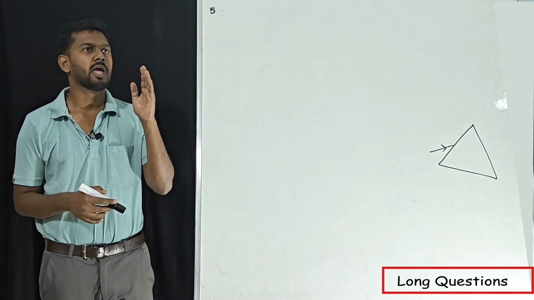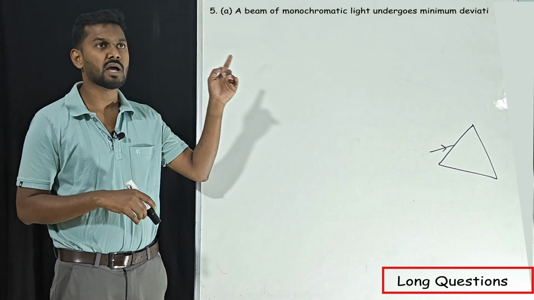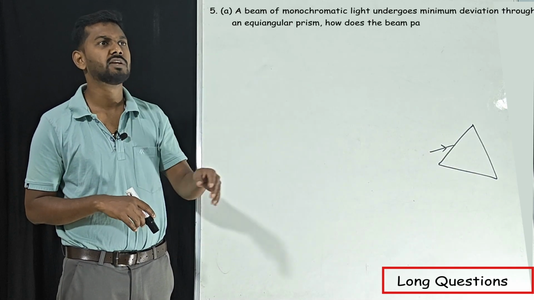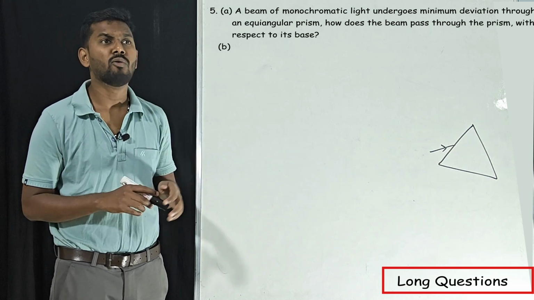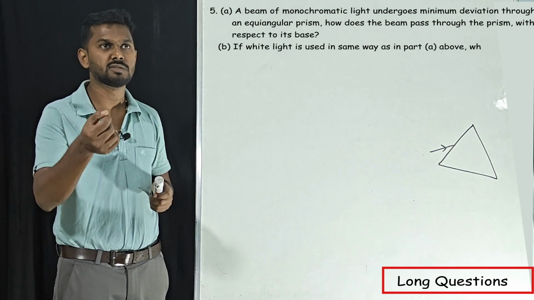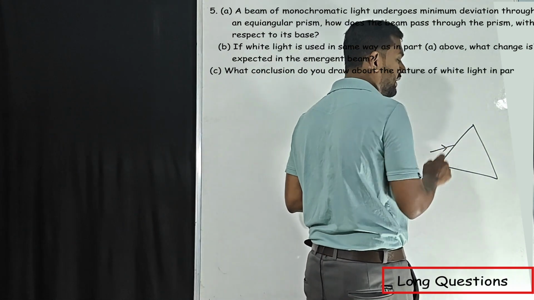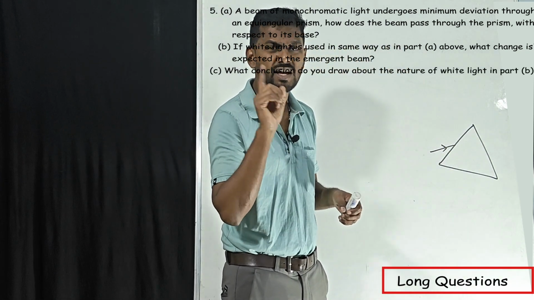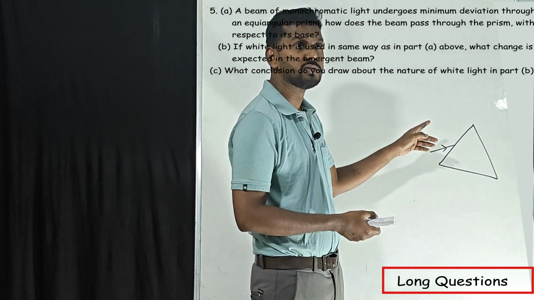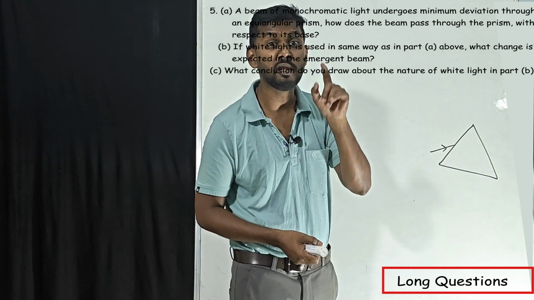Our next question: a beam of monochromatic light undergoes minimum deviation through an equilateral prism. How does the beam pass through the prism with respect to its base? Monochromatic means single color light. The important words here are minimum deviation.